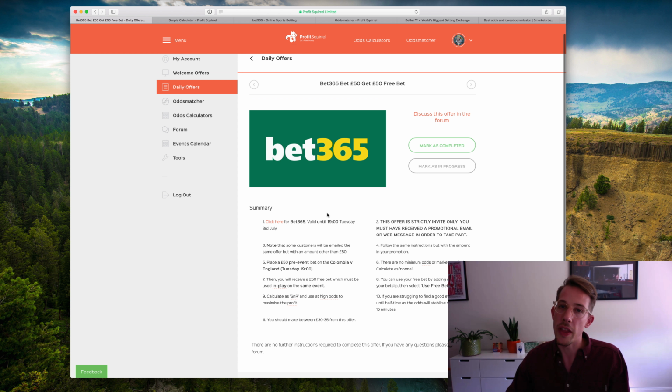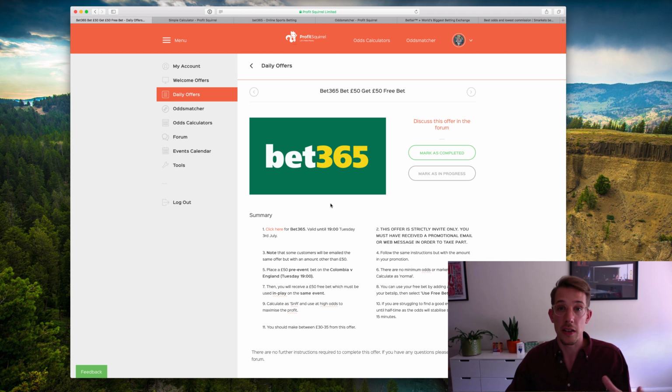Pretty much everyone that has a Bet365 account will have received this offer. So normally you don't really have to worry about that too much. But if it's there, just double check that you've got the email, and you should have. There's also a lot of in-play bets where you don't need any sort of invite, so you can go ahead and just do them regardless of whether you've got an email from the bookmaker or not.